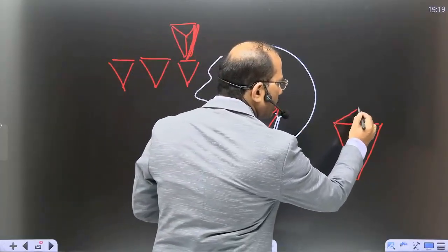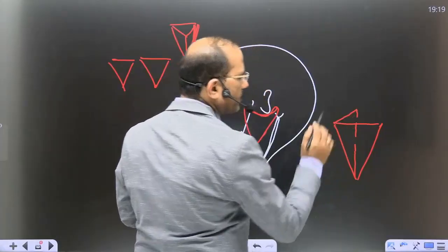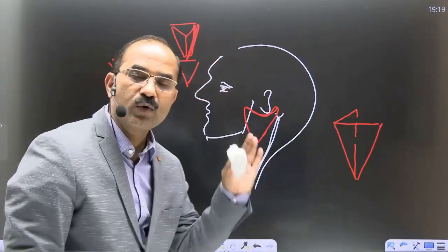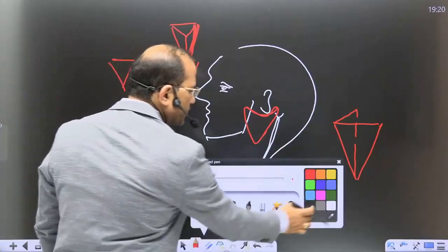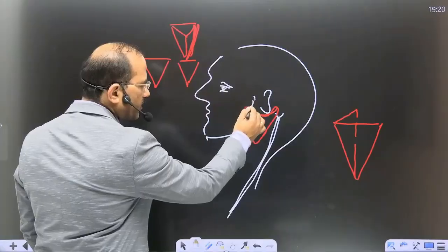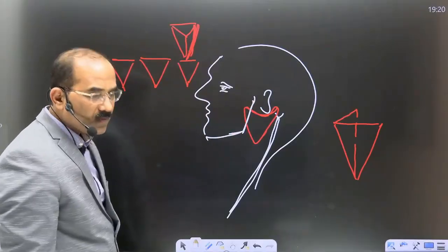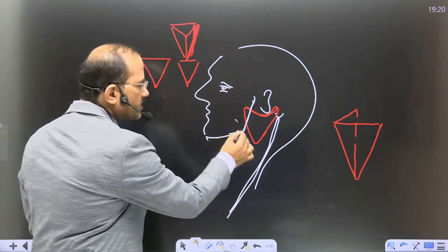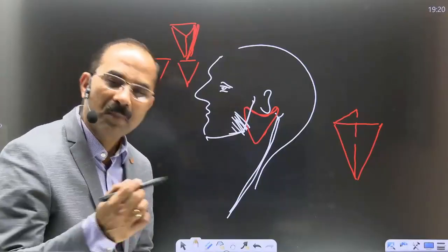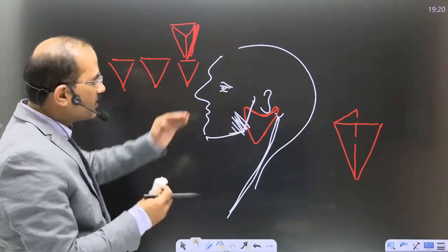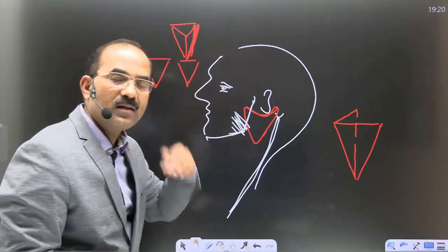Now, if I draw a surface here, this surface is the anteromedial surface. And this anteromedial surface would be related to what? It is related to the ramus of the mandible. There's a muscle inserted on the ramus outside. What is that muscle? Masseter. And there's a muscle inserted on the ramus and the angle inside.